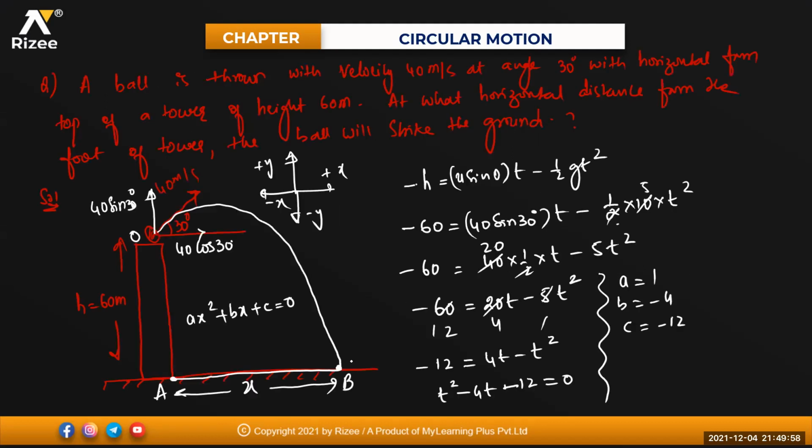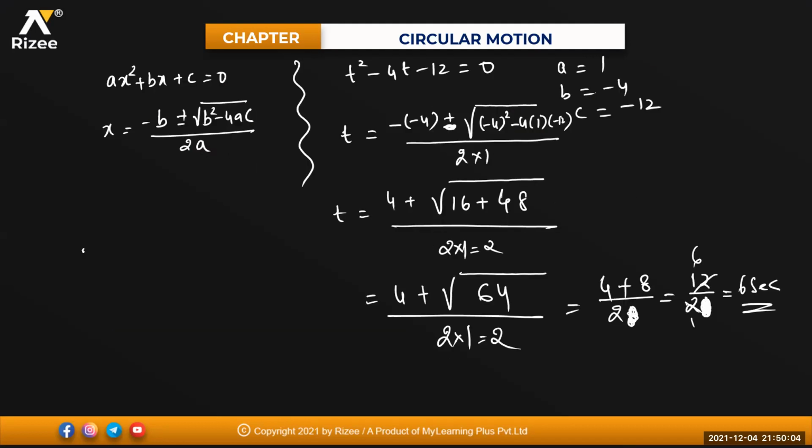Then what is being asked? Horizontal displacement. This means x. x will be equal to horizontal velocity into time. That means x equals ux into t. ux is equal to u cos theta, into time t.